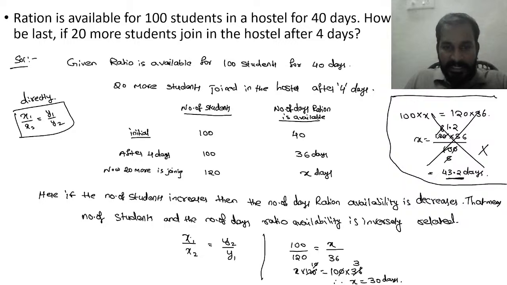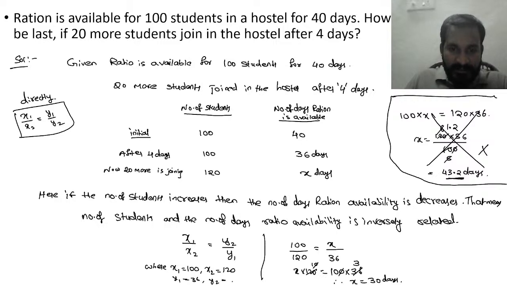After writing this, you can put x1 equal to 100, x2 equal to 120, y1 equal to 36, and y2 equal to x. Please don't forget to write this also, and then substitute in this manner.